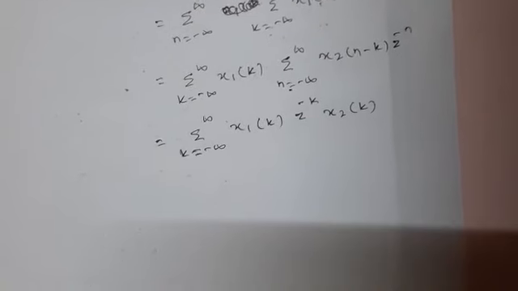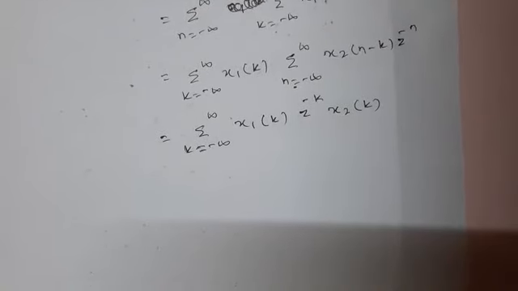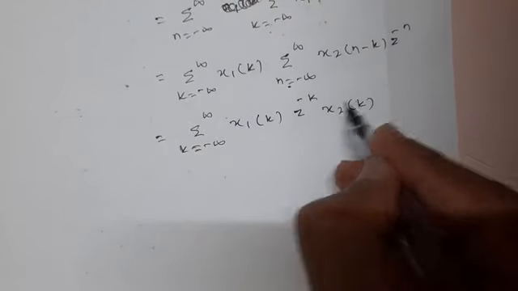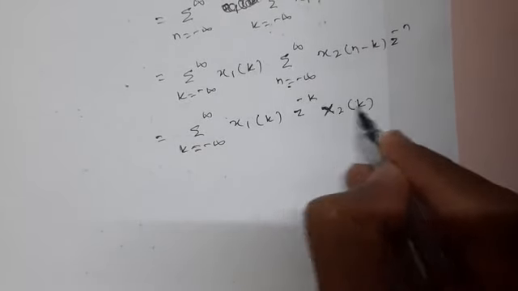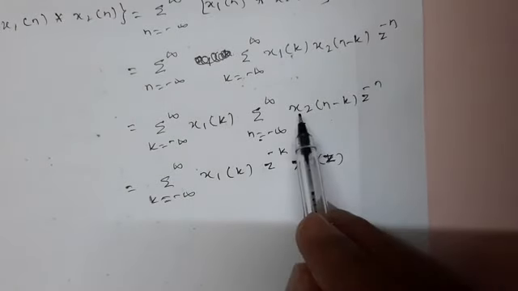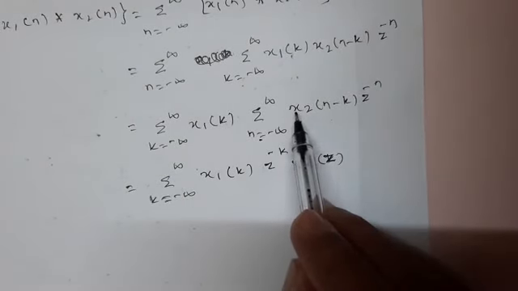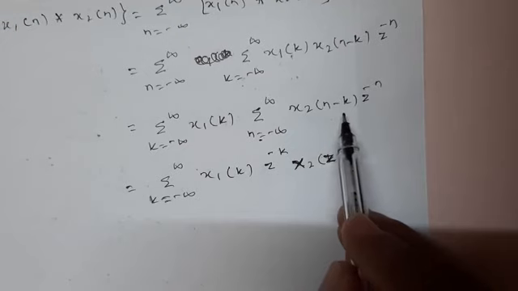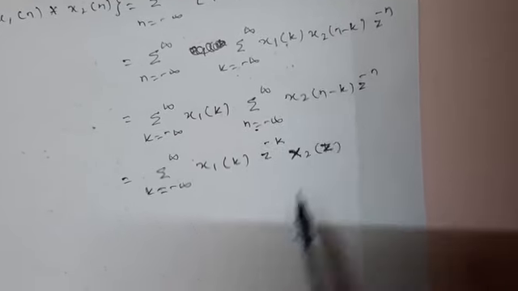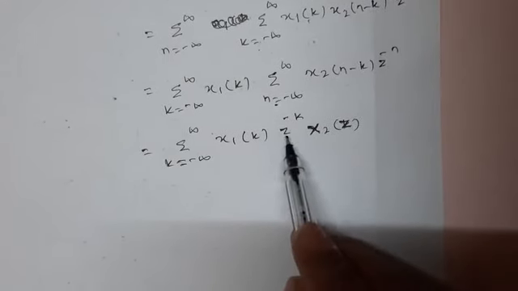Is it fine? So z to the power minus k X2 of z, using the property that the Z transform of x of n minus k is z to the power minus k X of z. So using that property I have written z to the power minus k X2 of z.